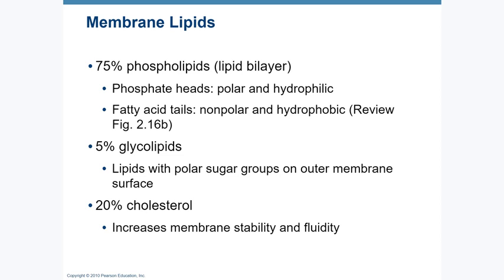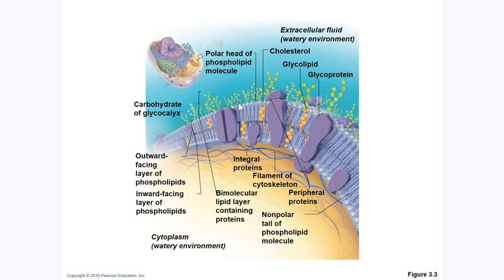And then the fatty acid tail, which is nonpolar and hydrophobic, which does not like water. So if you remember from the last chapter, we talked about the different bonds and the lipids. This is why they're important. Then we have glycolipids. About 5% are glycolipids, which are polar sugars that group on the outer membrane surface. So they were those green things right here, right?